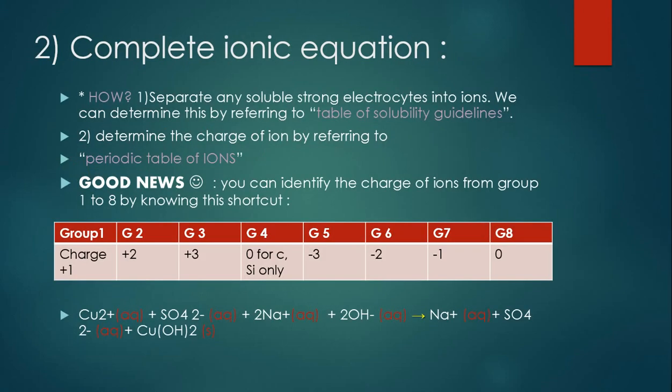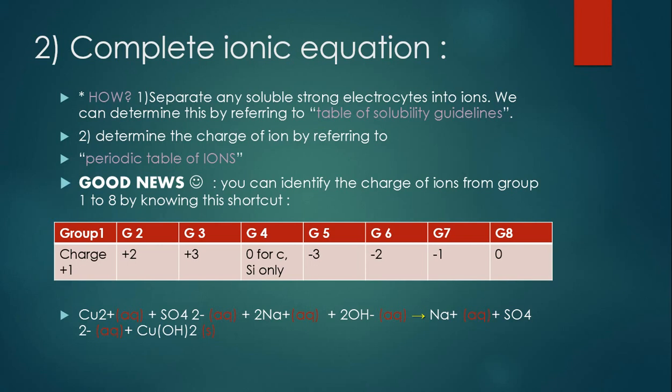The second step is to complete the ionic equation. How? We have to deal with two things to do that. First, we have to separate any soluble strong electrolytes into ions.